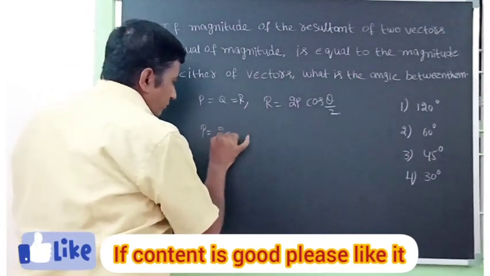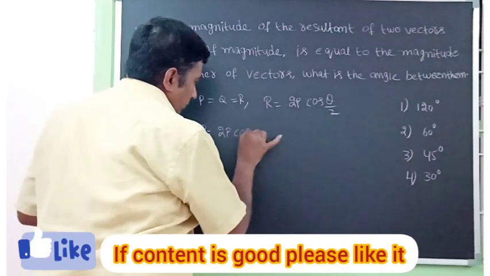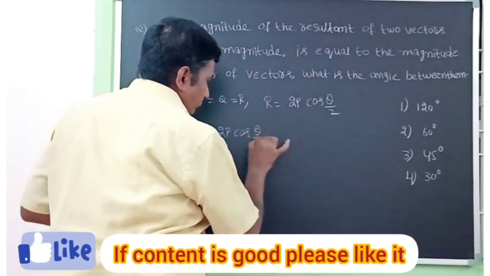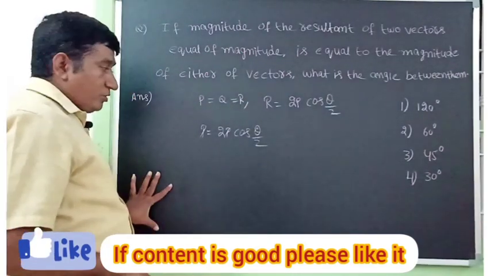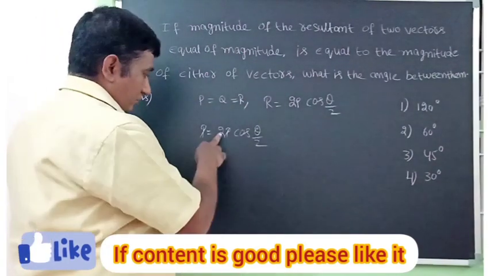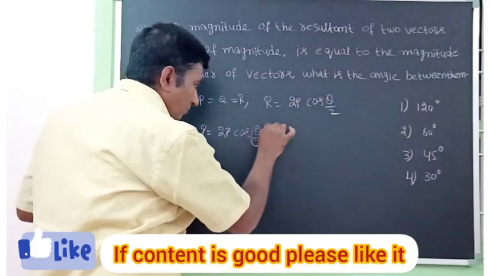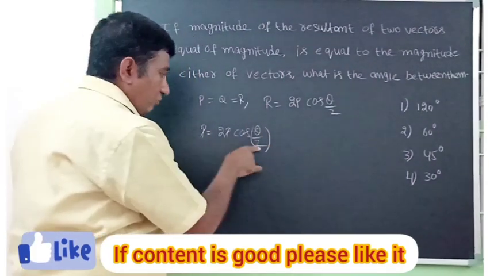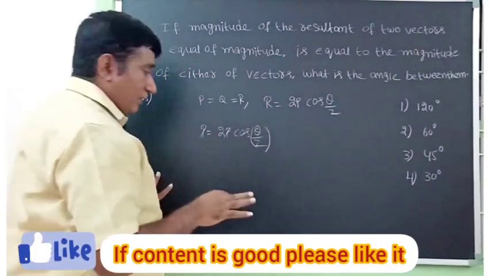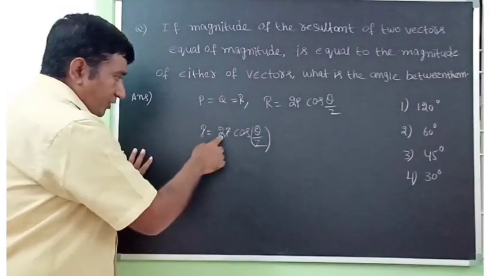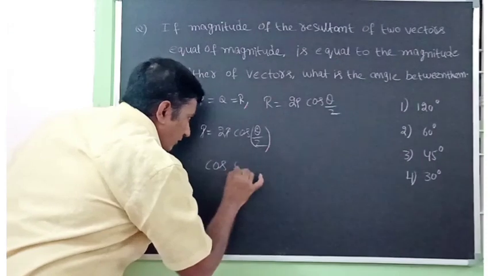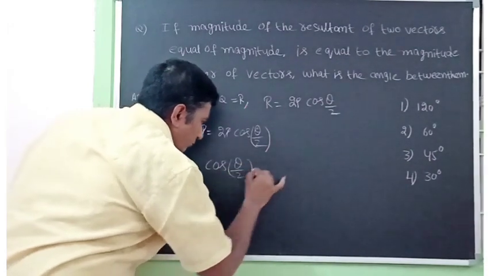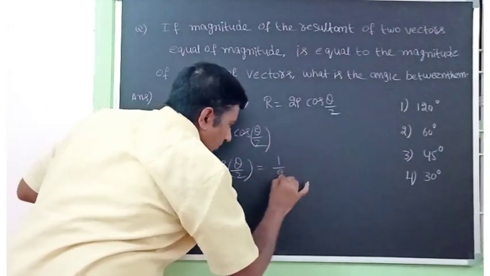So P is equal to 2P cos theta by 2. So P and P get cancelled, and most of the students make a mistake here. This is cos theta by 2, so these two we should not cancel. If the 2 moves to this side, I can get cos theta by 2 is equal to 1 by 2.